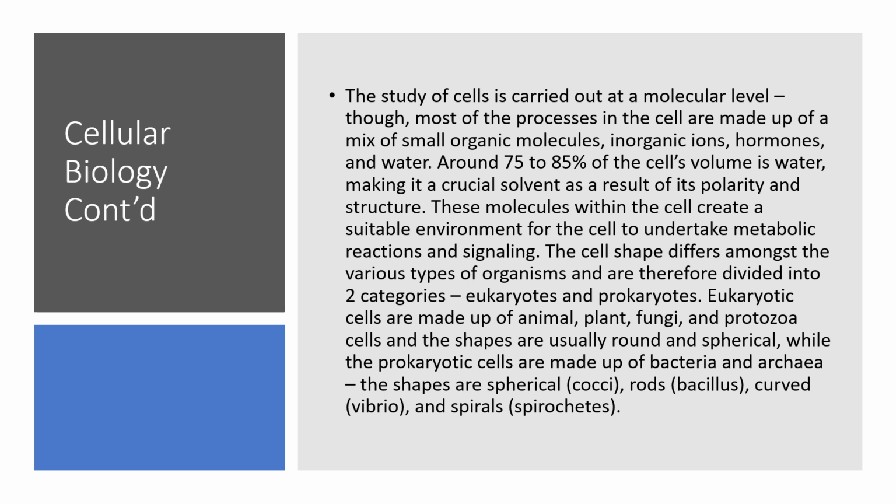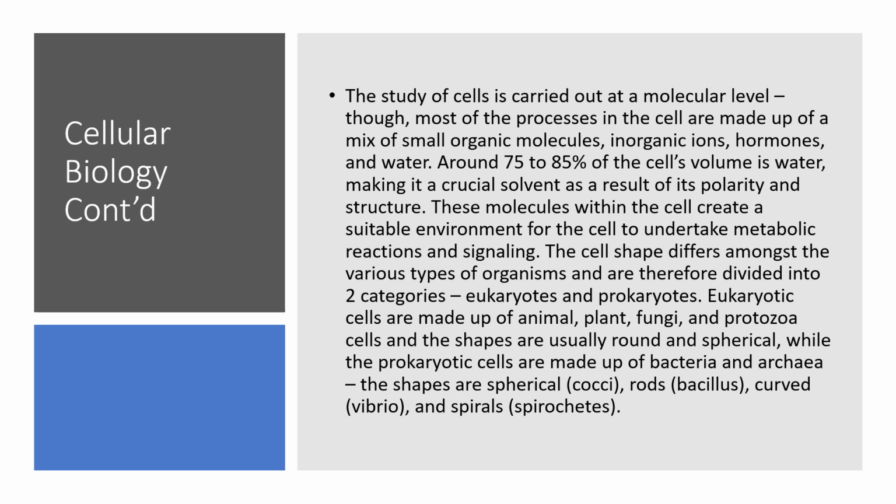These molecules within the cell create a suitable environment for the cell to undertake metabolic reactions and signaling. The cell shape differs amongst the various types of organisms and are divided into two categories, eukaryotes and prokaryotes.